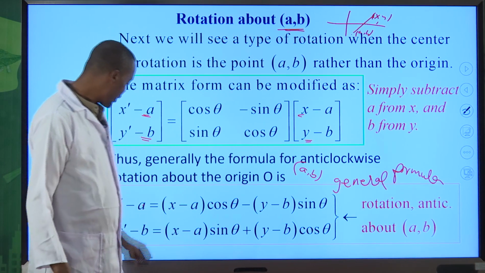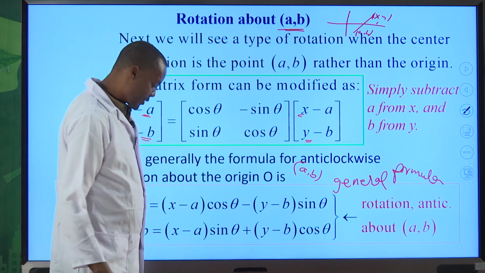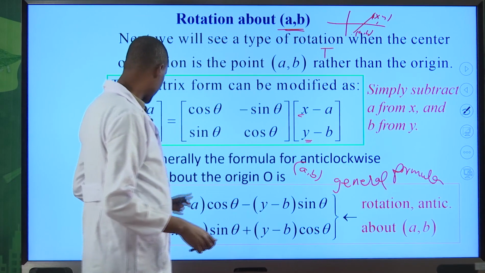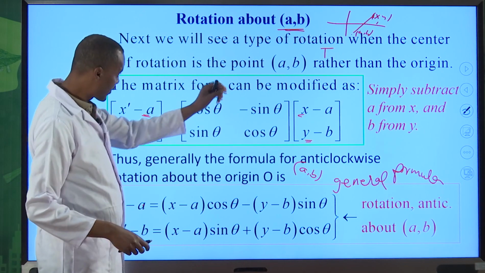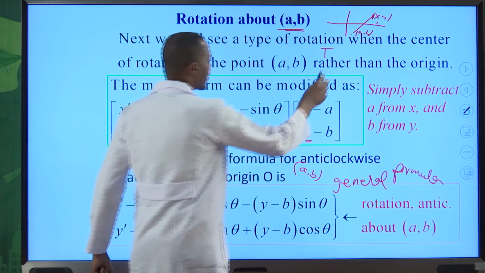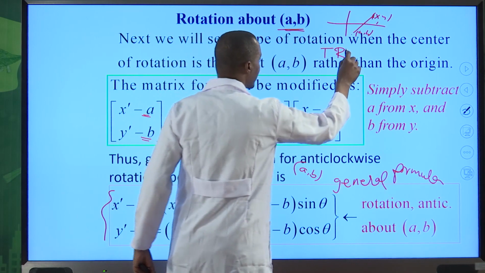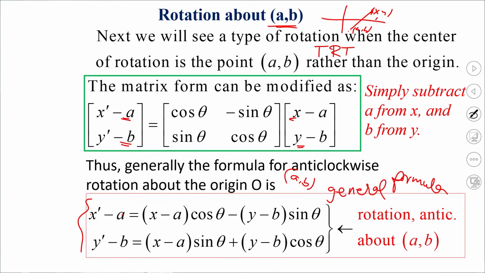And the way this formula is derived is, first of all, we have to translate the given coordinate a comma b back to the origin, and then we rotate it, and then we translate it back to its original place. So remember this TRT. First translate, then rotate it, and then translate it back to the original position, and then you will get this answer very easily.